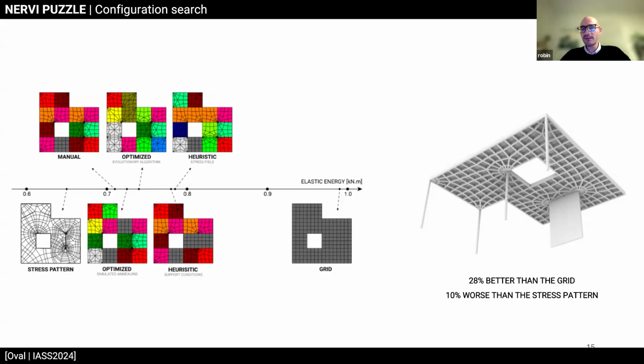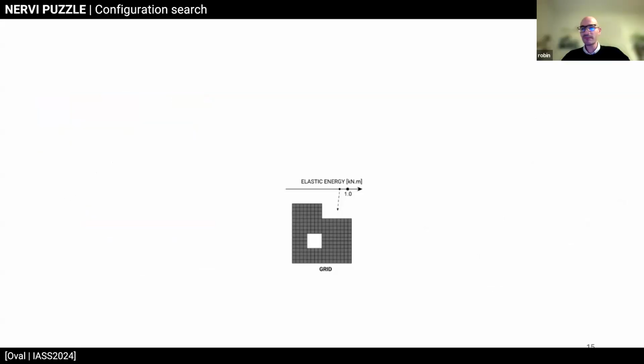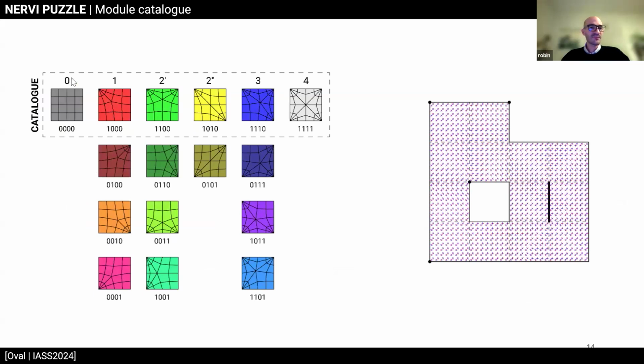The question is, can we do better? Can we get closer towards the left of that space? Well, the question lies in whether we can get better design algorithms, but also whether we can find another catalog set of modules with more options that will allow us to have more design freedom and get closer to the theoretical optimal. It doesn't make too much sense to go for a bigger catalog.